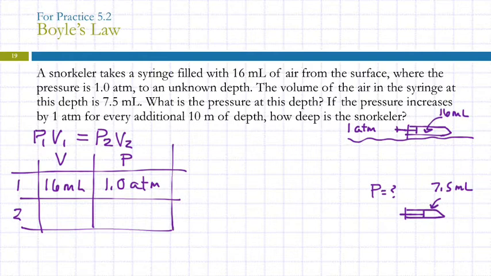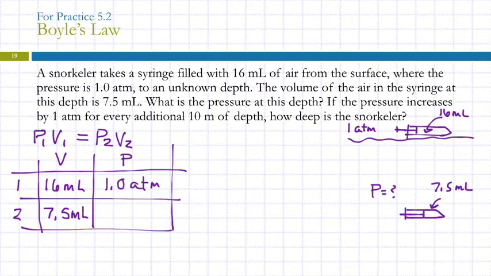We take the syringe down under the water, and the volume changes to 7.5. So I'm going to put that in my volume column, 7.5 milliliters. And then what typically happens is you've got this little table, and you're going to have one square that's empty.